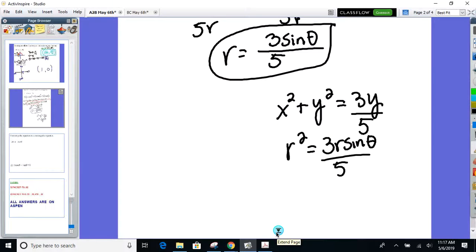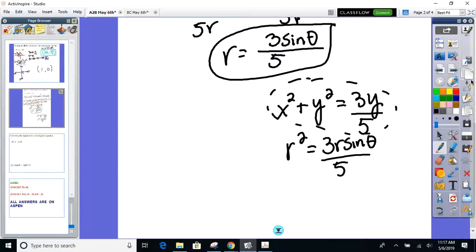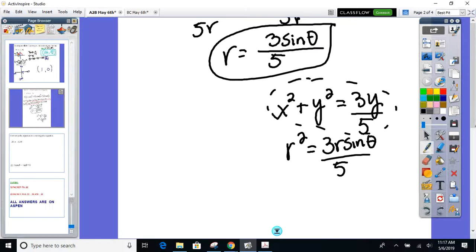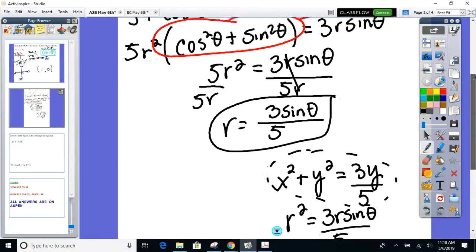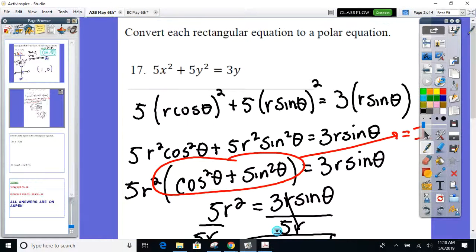Well, where did this come from? The original question was 5x squared plus 5y squared. So then I took out a 5. So you took out a 5 here. Yeah, 5 parentheses x squared plus y squared. And then you divided both sides by it.